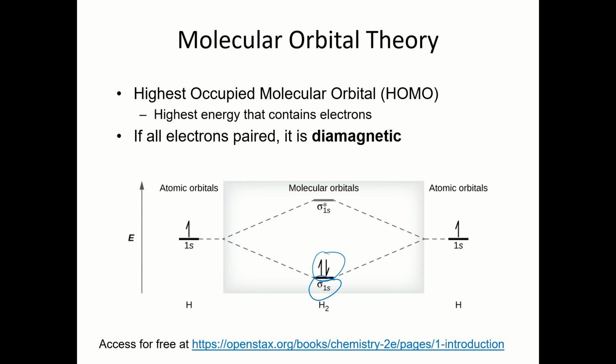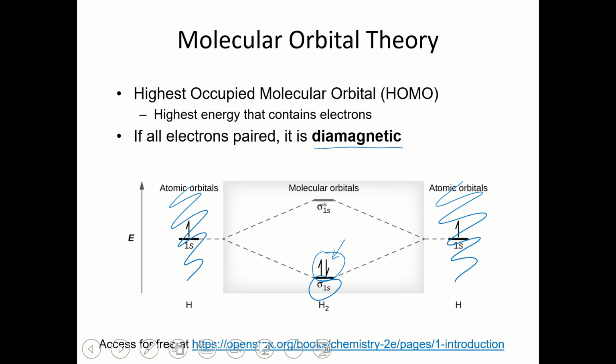When all the electrons are paired in our molecular orbitals, we call this diamagnetic. And remember, we don't care about the electrons shown in those atomic orbitals. Those are the original orbitals, but they disappear as we create these molecular orbitals. Both of these electrons are paired up, we don't have any unpaired electrons, and so that's considered diamagnetic.